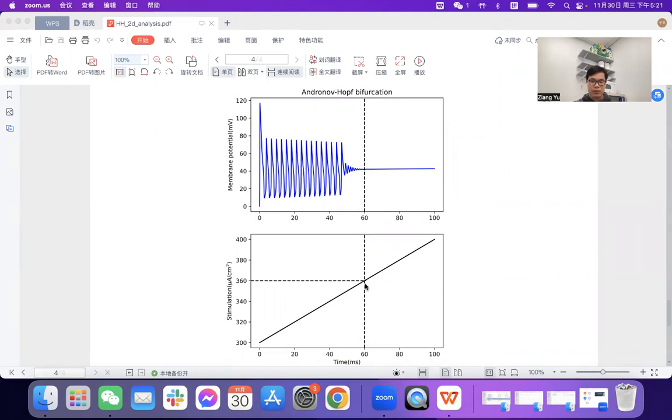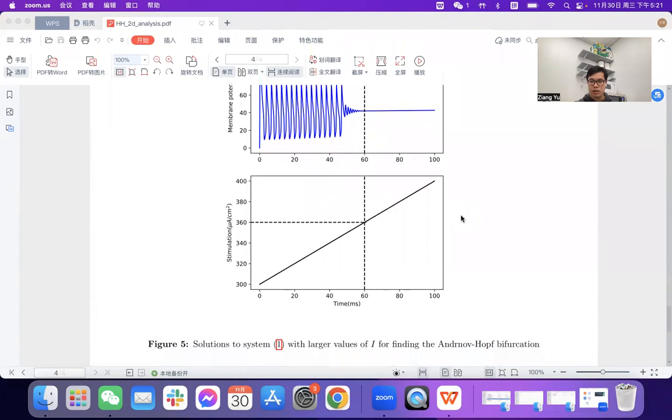If the stimulation keeps increasing and passes some value, then the spikes disappear and it converges to a certain value of the membrane potential. Again, the threshold in mathematics is actually a bifurcation, and in this case, the bifurcation is an Andronov-Hopf bifurcation.